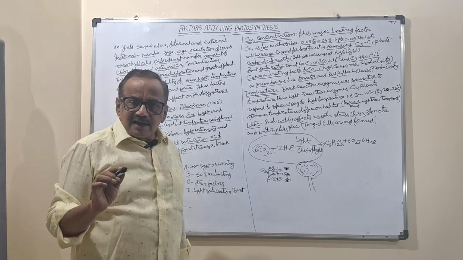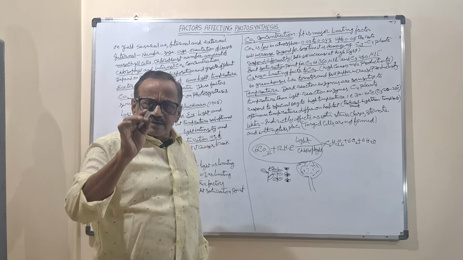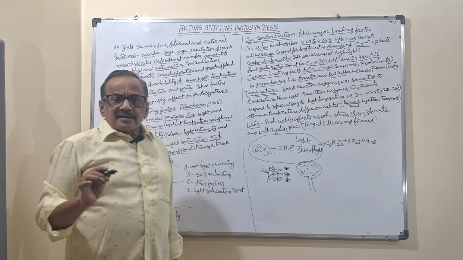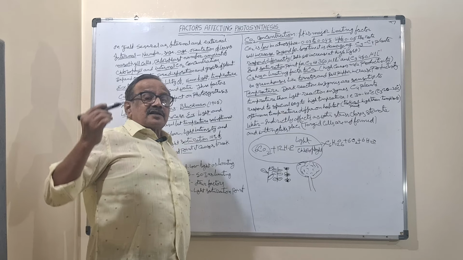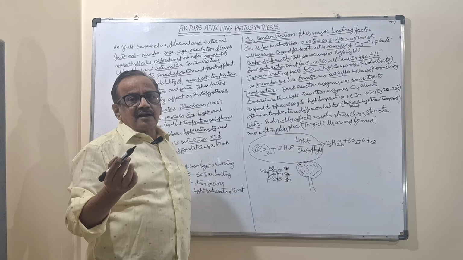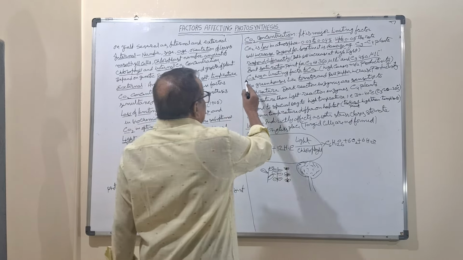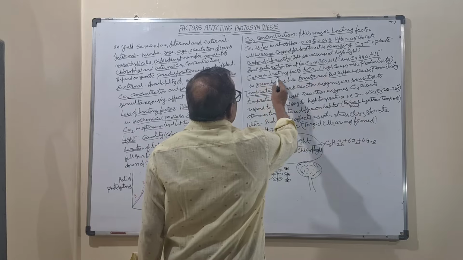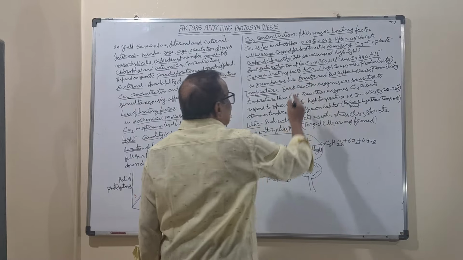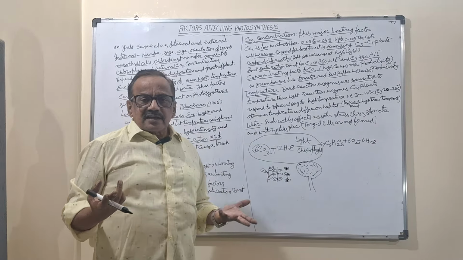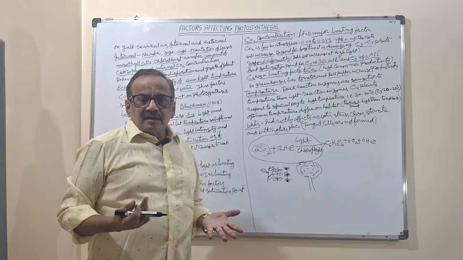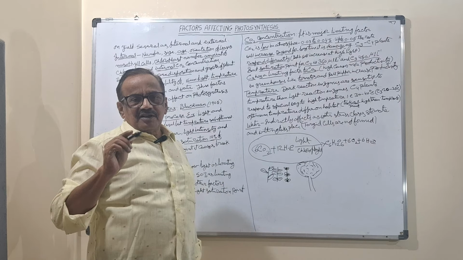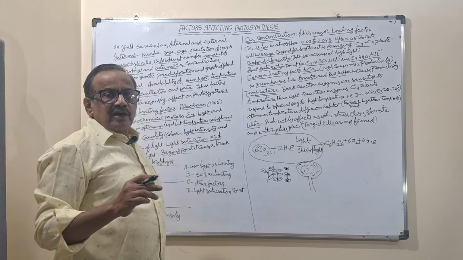So saturation point will be reached by the C4 plants easily than C3 plants. If we give the statement, it is correct. Because C3 plants are having more capacity to take more carbon dioxide. That is the thing. And C3 has a limiting factor because it is not getting full saturation carbon dioxide through the atmosphere. So it is not reaching the saturation point.